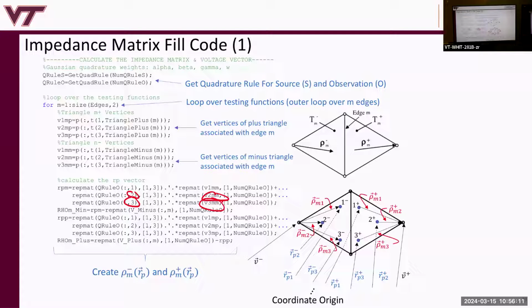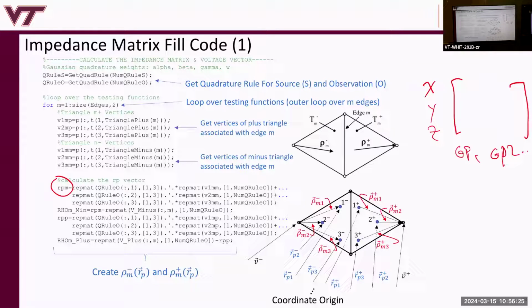So all that does is create a vector, RPM, which has X, Y, and Z, and Gaussian point 1, Gaussian point 2, and so forth. So you can write your own code and do it differently, or you can use this if you want. That just gives us the RPs, right?